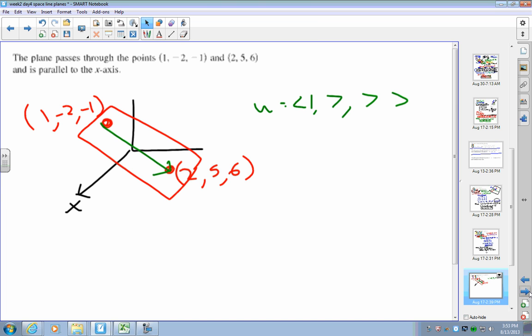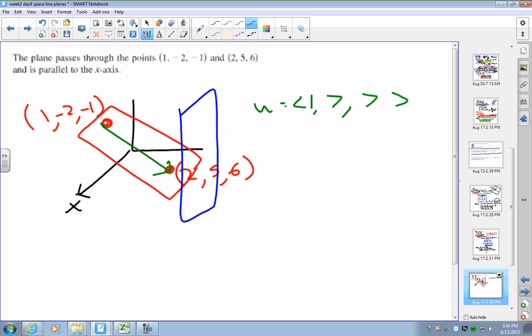Okay, and it's parallel to the x-axis. Okay, parallel to the x-axis. This is kind of an interesting thing. There are many planes that are parallel to the x-axis. What does it mean to be parallel to the x-axis? That's what you have to kind of understand with this. Being parallel to the x-axis, let me draw you a couple versions that are parallel. Straight up and down, that'd be parallel.